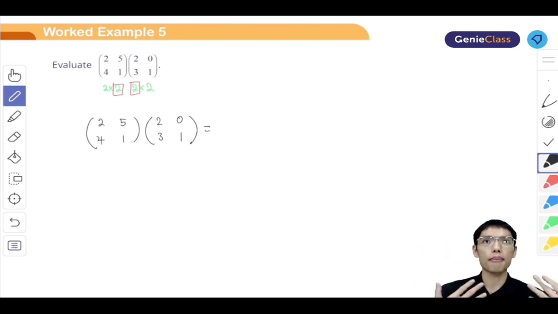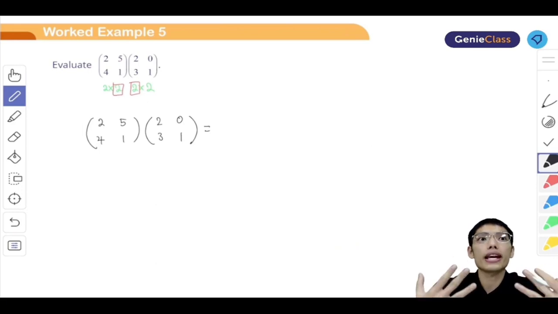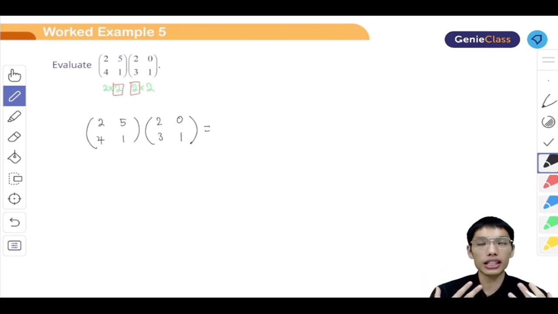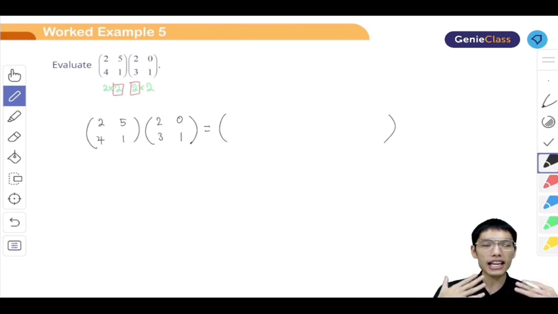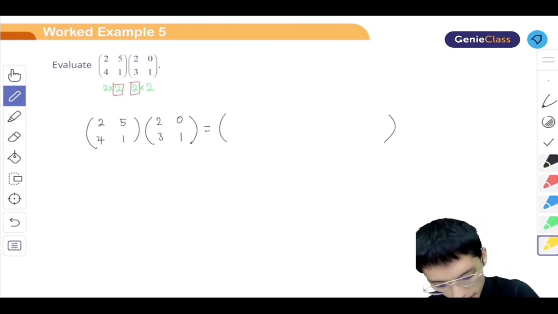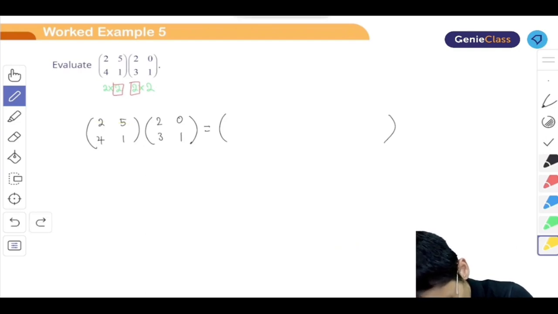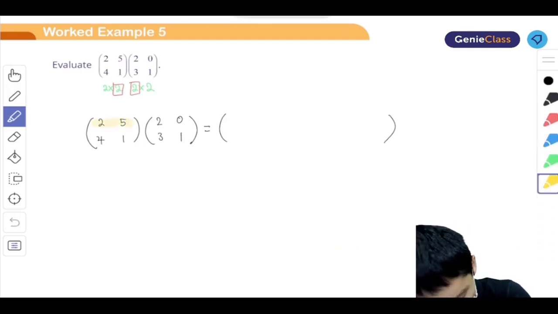Now over here, what happens? The order of how you multiply can get a little confusing if the order increases. So it's very important to know, when you multiply, where that particular entry is going to be. Let's say first row, first column. I'm going to repeat this quite a few times. You may find me a bit naggy, but bear with it, this is going to do you good.